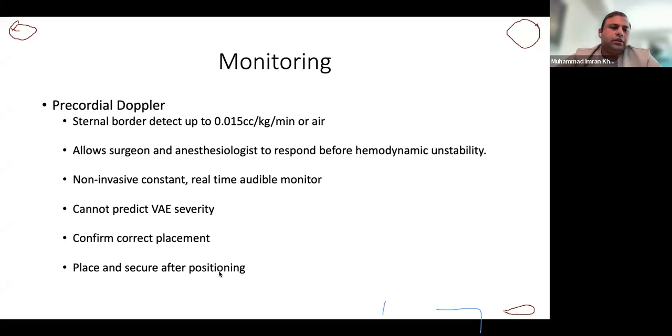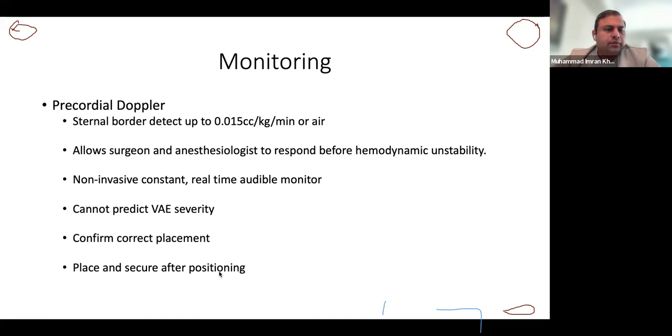The next one we're going to discuss is the precordial Doppler. A precordial Doppler placed along the sternal border can detect up to 0.015 cc per kg per minute of air. The Doppler is sensitive enough to detect embolism early and allow the surgeon and the anesthesiologist to respond before cardiopulmonary adverse effects ensue. It is non-invasive and acts as a constant real-time audible monitor for VAE.